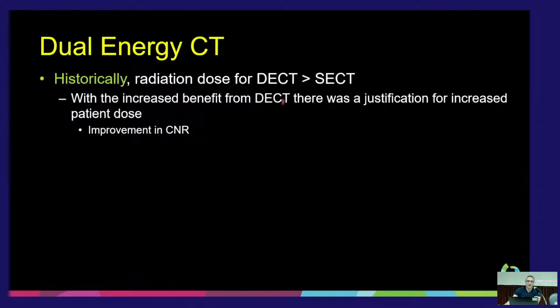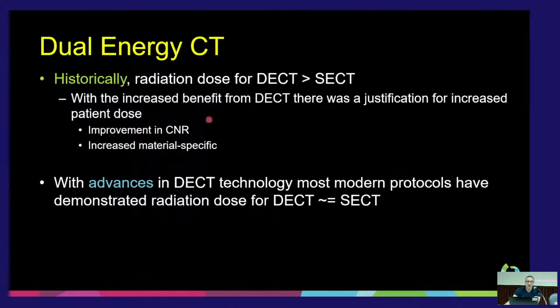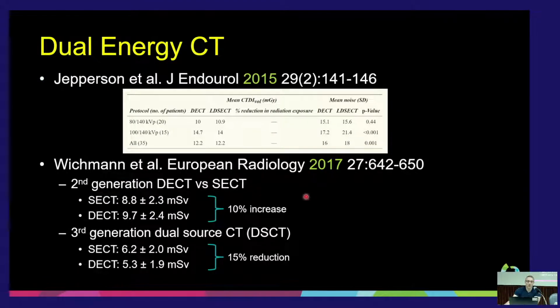The only reason we would do dual energy historically was because there was a benefit in enhanced contrast-to-noise ratio and in material specification, which came with the penalty of higher dose. Now, with the advances in dual energy CT, the doses are generally equal to or lower than single energy. I'm going to give you a bunch of publications if you ever want to read them, but because of time, I'll just focus you here.